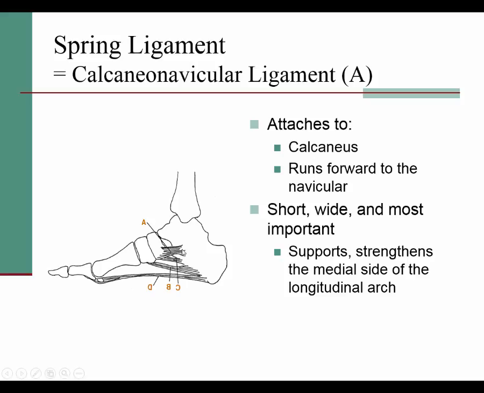If it's not doing its job correctly, it can cause pes planus, which means flat foot, so the arch is not maintained. The arch will fall and create just a flat walking motion.